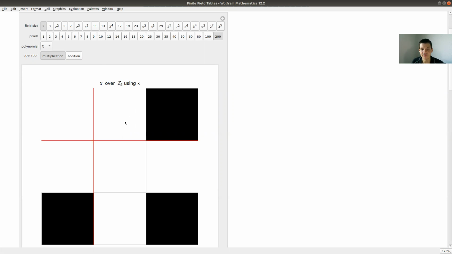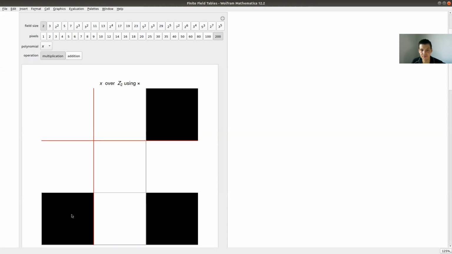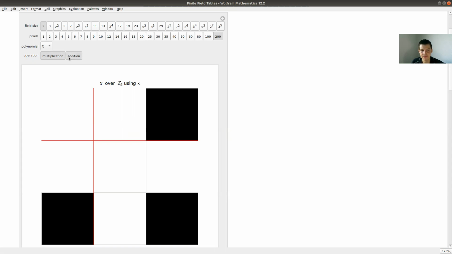White is always 0, and black is in this case 1. And of course, 0 times anything is 0, so you see those white things here. For Z mod 3, you will see the same. And 1 times 1 is 1. Let's have a look at this. 1 plus 1 is 0, right? So you can vary it.